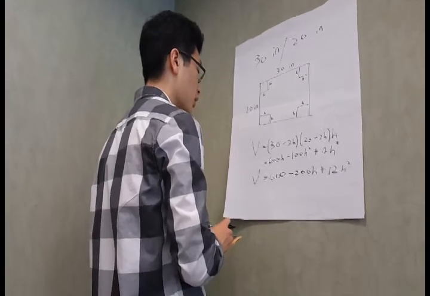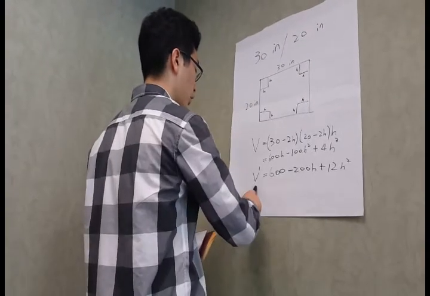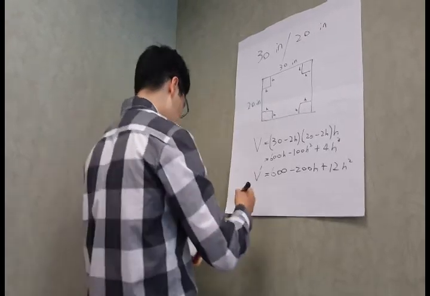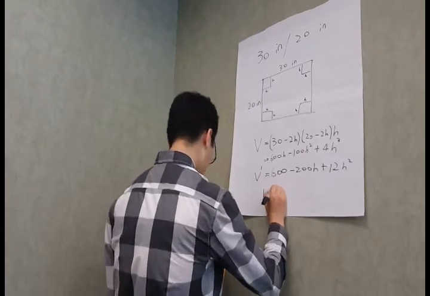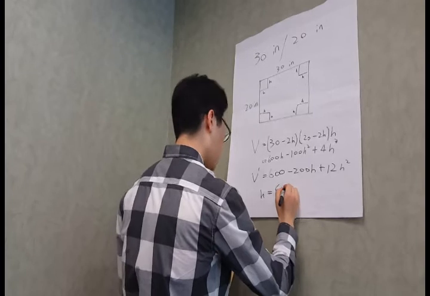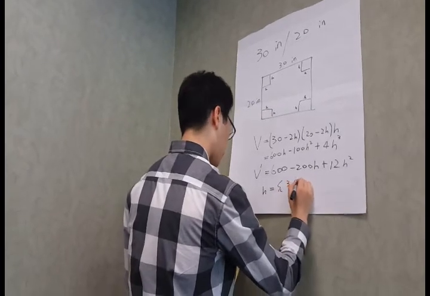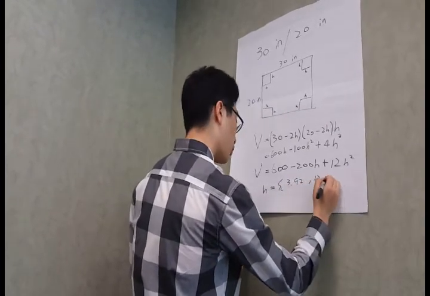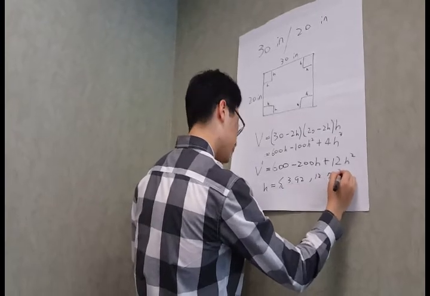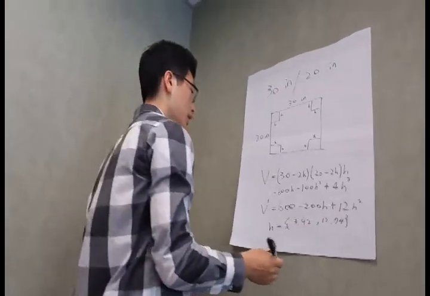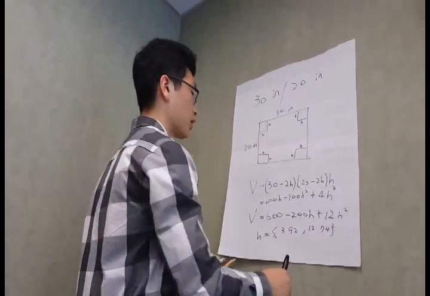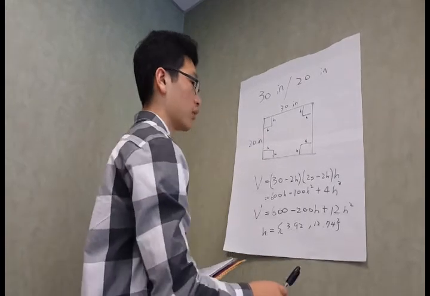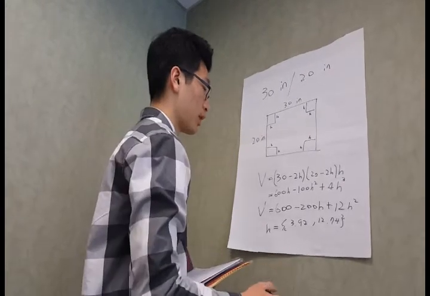Solving for h that will give us 0 for our V prime, h was equal to 2 points: 3.92 inches and 12.74 inches. Now that we have 2 points, we need to determine which one is the local maximum and which one is the local minimum.